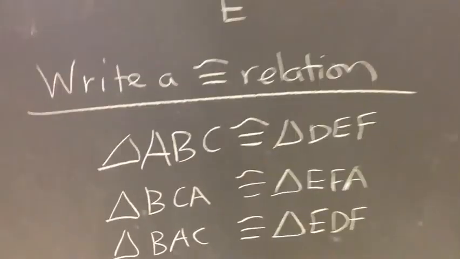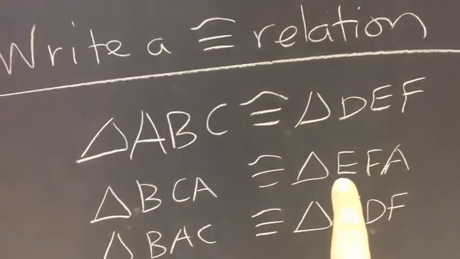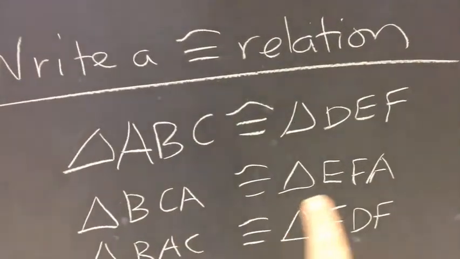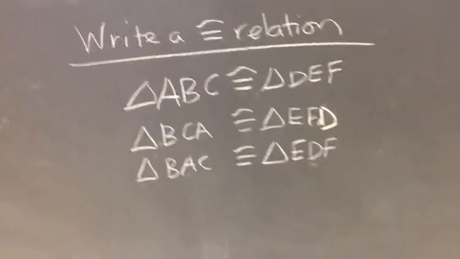I could also write triangle BCA, since B corresponds to E, C corresponds to F, and A corresponds to, that should be D, so let's fix that. I'm glad I made that mistake. So let's fix that. E, F, D. That looks a lot better. So let's make sure I got everything right.